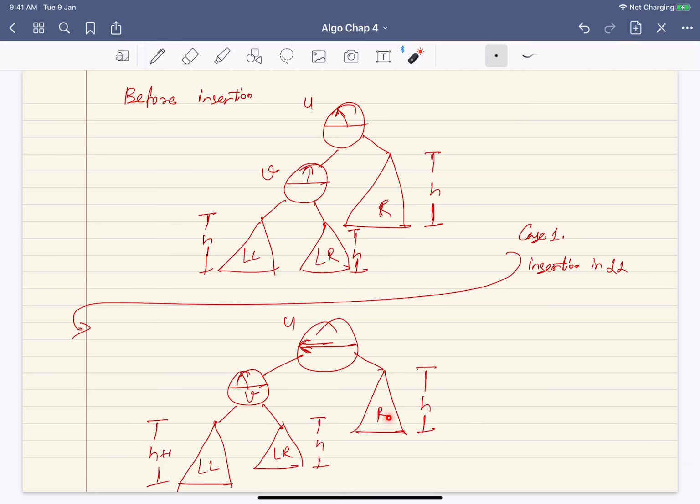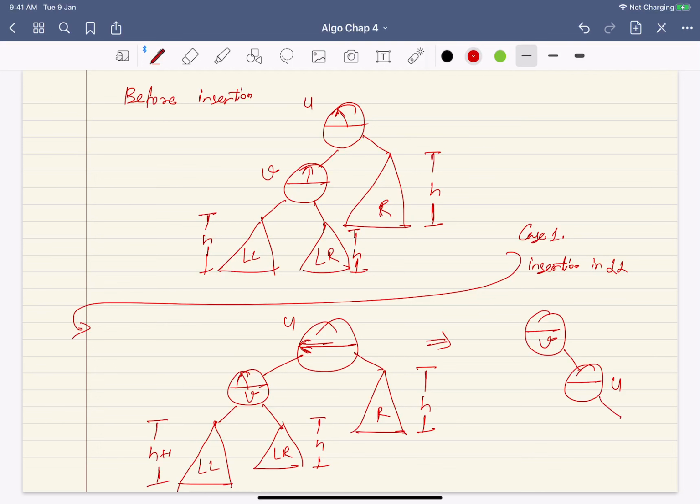Let me show you what happens after this rotation, and then we will go into what rotation is and what we actually do. If you do rotation around V, V comes on top, and its right child becomes U. We will see the balance factors later.